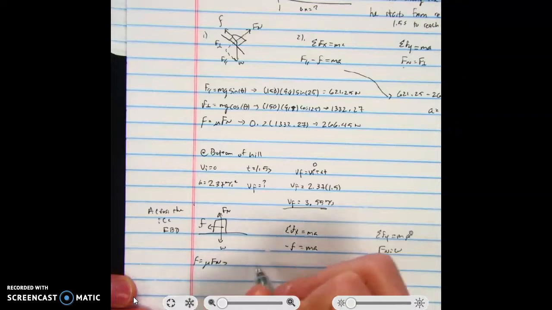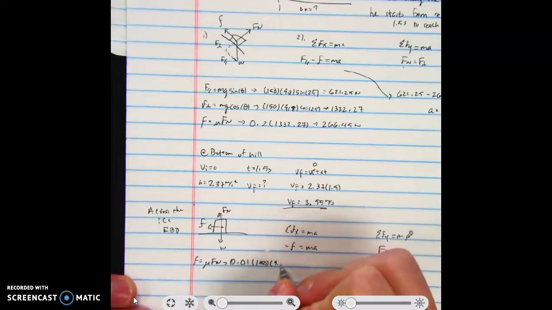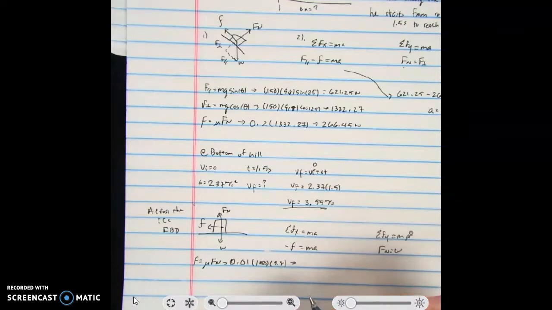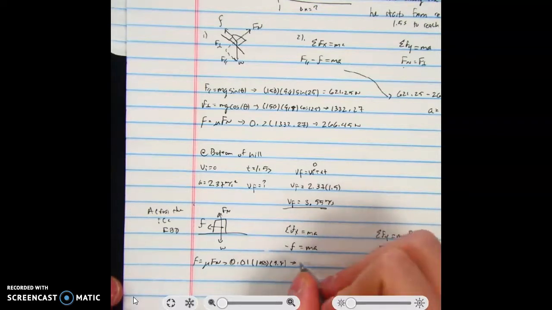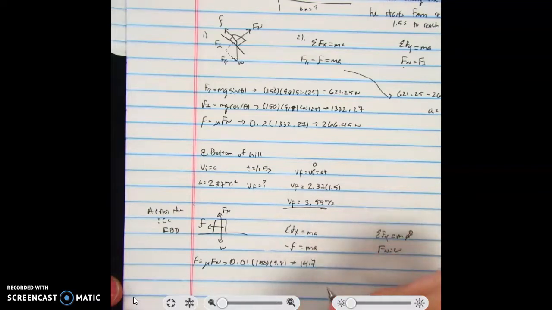So I have 0.01 times 150 times 9.8, which gives me 14.7. That's my friction value, 14.7 newtons.